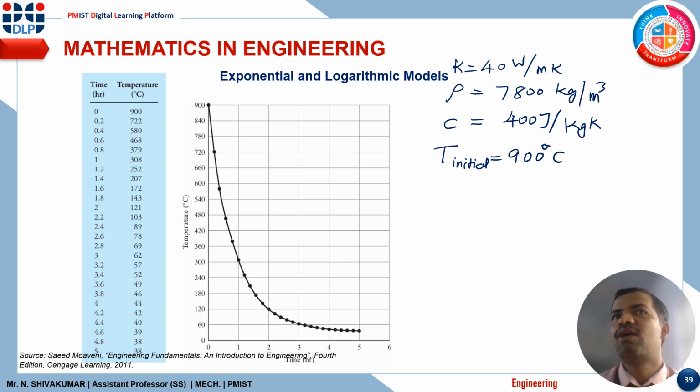Don't confuse this: while heating, it is at a lower temperature, gradually increasing. It is not like that. When it is exposed to the environment, that is air, the temperature is 900, and gradually it keeps on reducing. So the first temperature is 900, that is T initial.